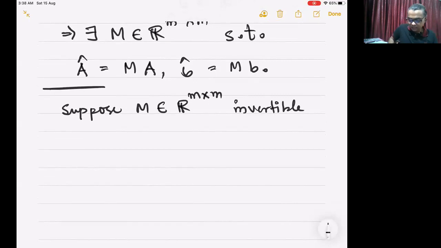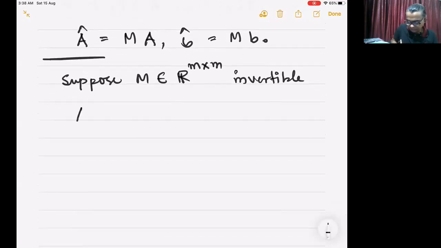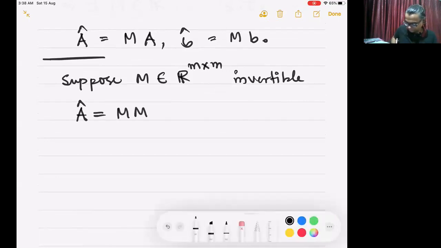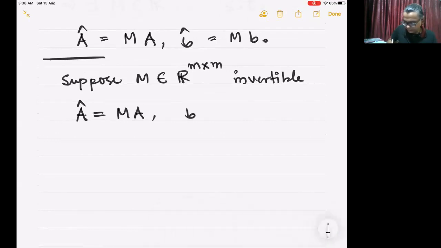In that case, I have A hat equals MA and B hat equals MB.